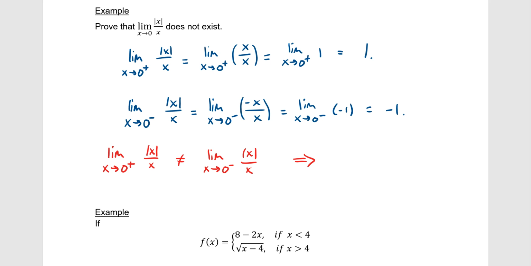So since the limit from the right does not equal the limit from the left, we know that the limit in general here does not exist. Okay, so not too difficult. You just have to know a couple little things there, and it's not too bad.